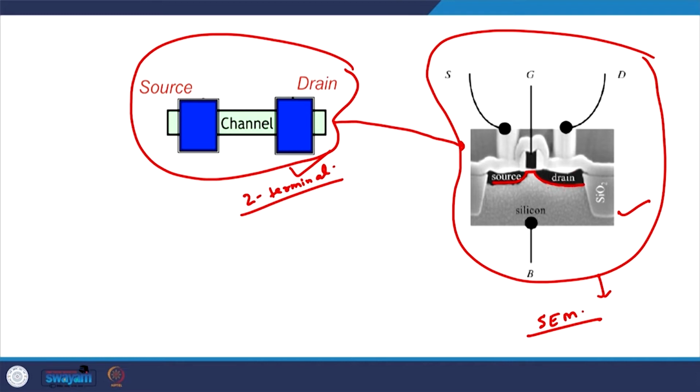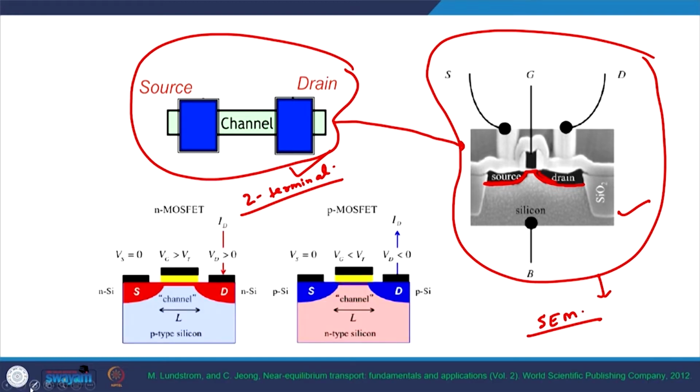So that is why this needs to be kept in mind. And that is why this source and drain contacts are dealt as bulk materials, and the channel is taken to be a small microscopic, or even in modern devices a nanoscopic system.